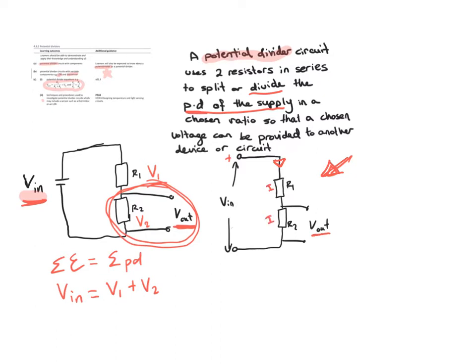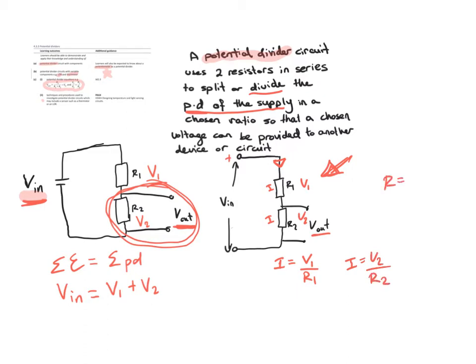If I write this down in terms of an expression for what happens at each one of them, so V1 and V2 as well. So if we say that the potential difference across R1 is V1 and the potential difference across R2 is V2, I can come up with two expressions. So I is V1 over R1, and I is also equal to V2 over R2.